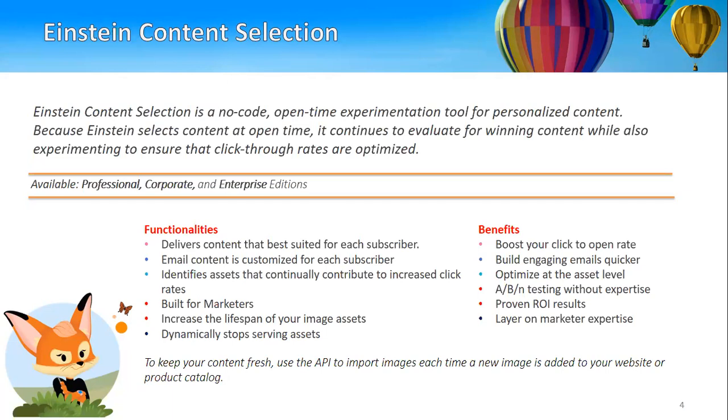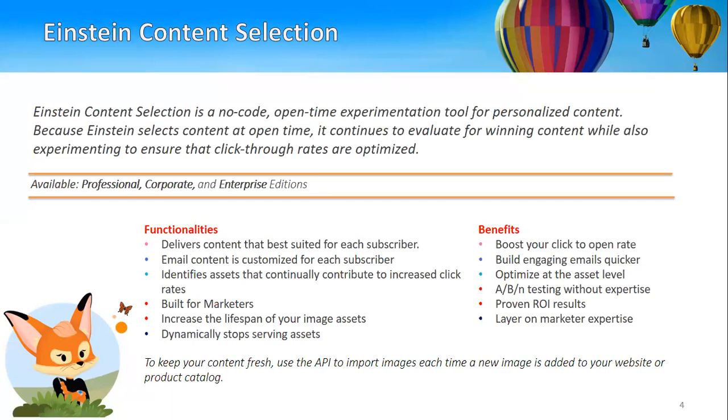Einstein content selection also increases the lifespan of your image asset, as it enables you to see how each content performs across different emails at a subscriber level. And you can even set defined rules to determine which piece of content certain groups of people should see or shouldn't see.